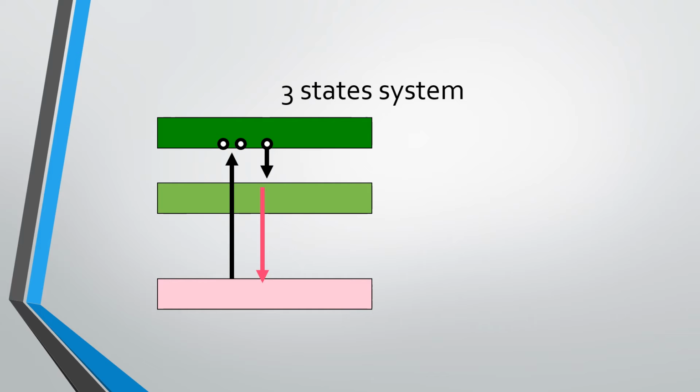One more thing: if we trace a graph between time in nanoseconds and intensity, in a few nanoseconds the intensity goes very high, and in a few further nanoseconds the intensity becomes low, because it's a three-level system, so it automatically comes down, then again rises by oscillations, and again comes down.